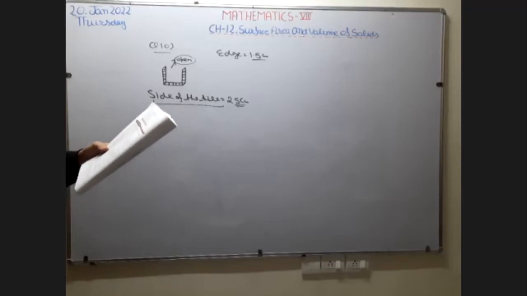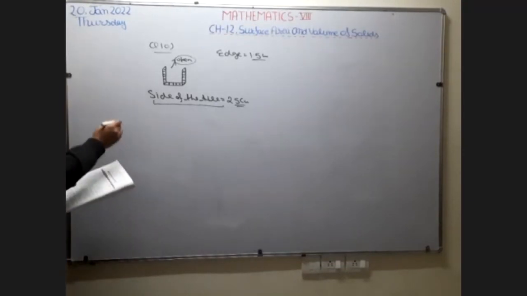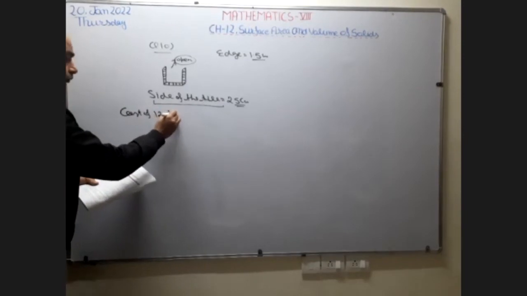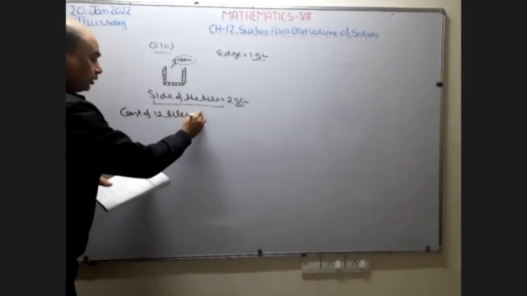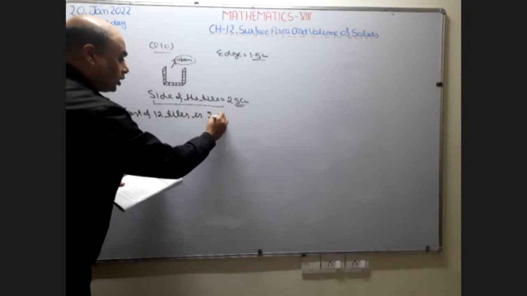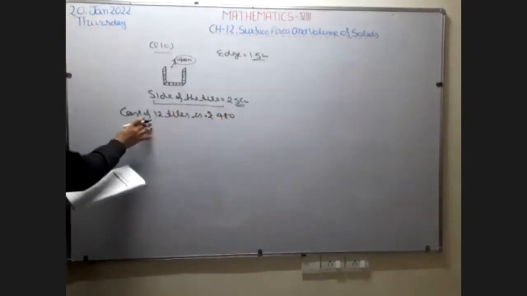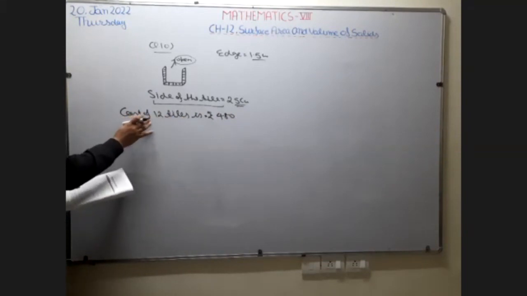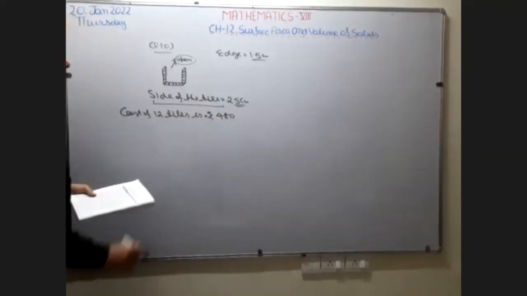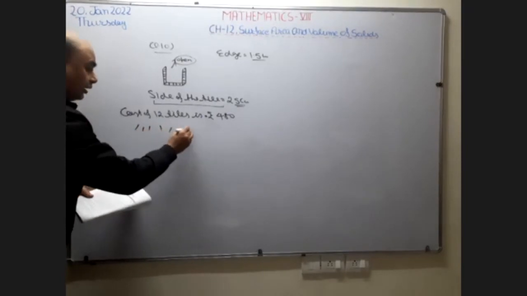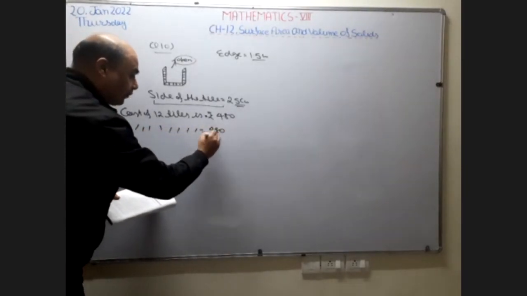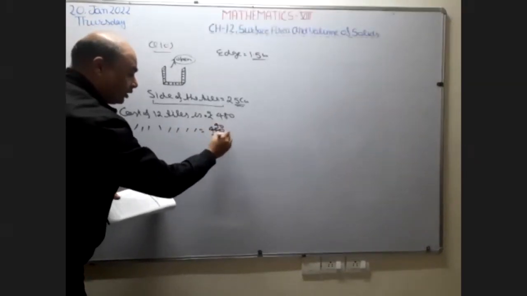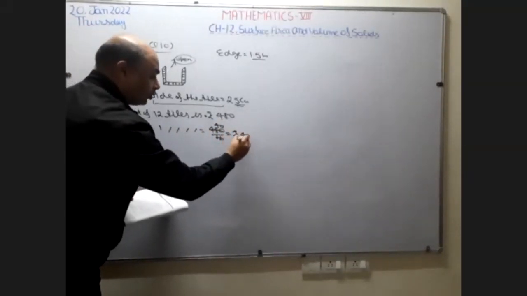So write the cost of 12 tiles is rupees 480, and the cost of one tile is 480 divided by 12. 12 4s are 48. So the cost of one tile is going to be 40 rupees.